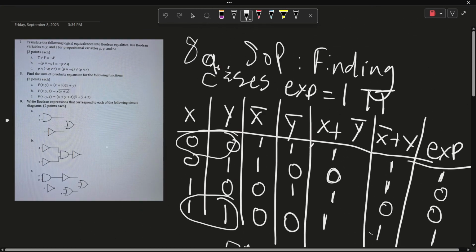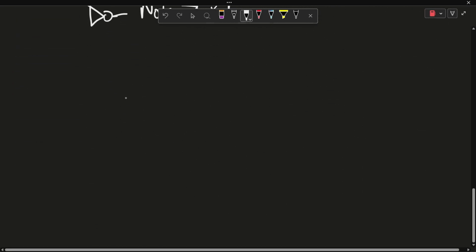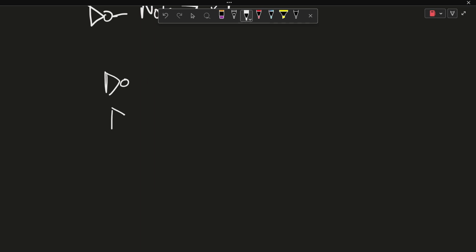So then if we look at that second one, it's a NOT into an AND into a NOT. Just drawing lines, X, Y. You just follow the line.